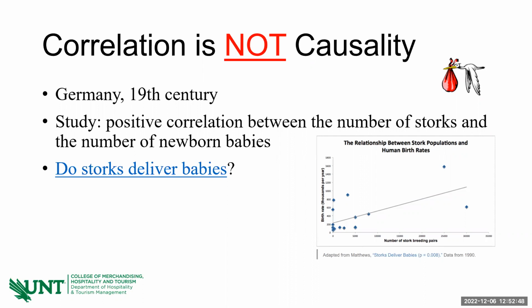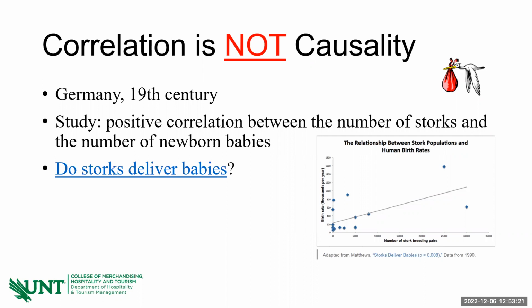In the 19th century, scholar Matthews conducted research and looked at the number of storks and the number of newborn babies in a list of countries. He found a very significant positive relationship between the two numbers. The correlation is 0.62 and the p-value is less than 0.01, which is very significant.